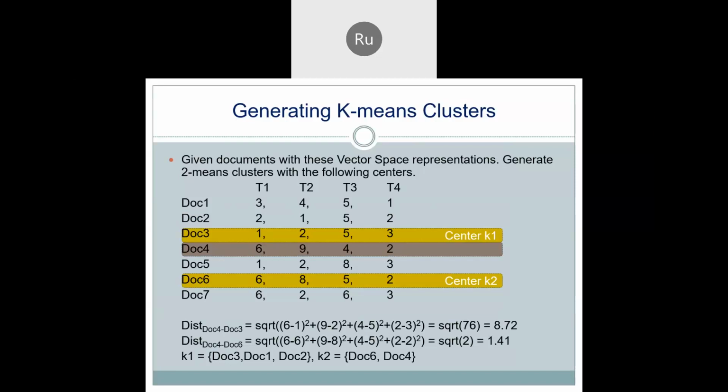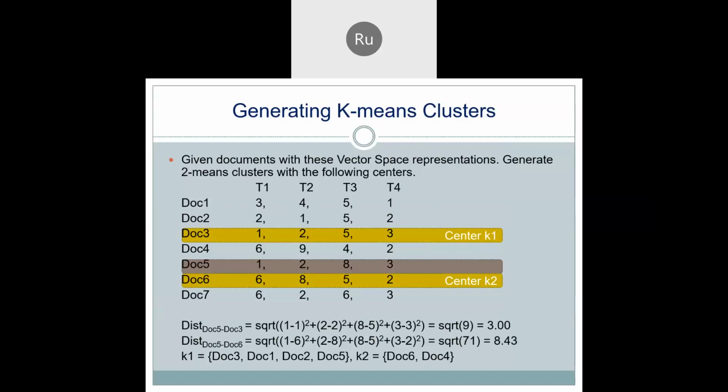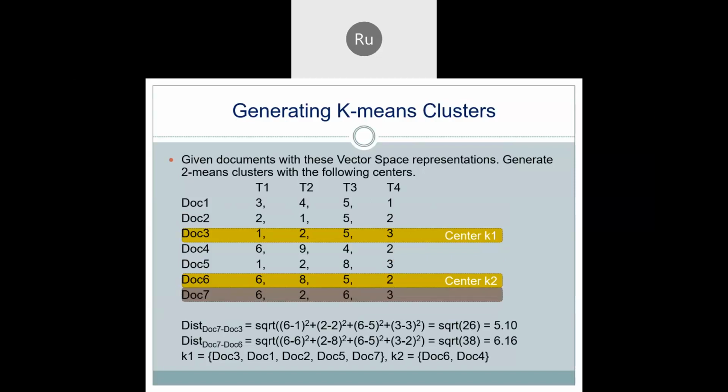By right, I need to compute document 3, but since document 3 is the center, its distance to the center is basically itself, already in the cluster. So we skip to document 4, which is nearer to the second centroid, while document 5 is nearer to the first centroid, and document 7 is also nearer to the first centroid. So basically you have this cluster.